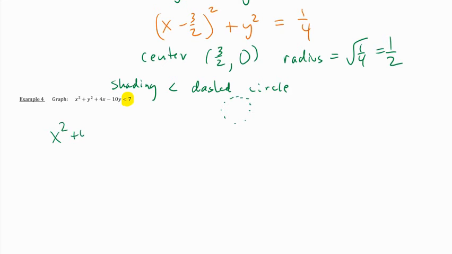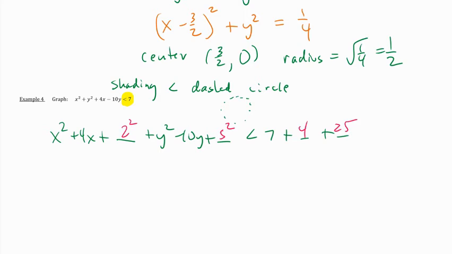X squared plus 4x plus something plus y squared minus 10y plus something is equal to 7. I'll go ahead and make it less than 7 plus something plus something. I added 2 squared, so I'm adding 4. 5 squared is 25. Complete the squares.